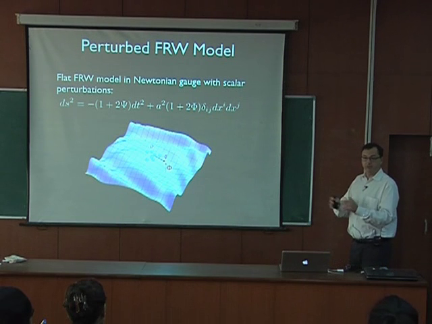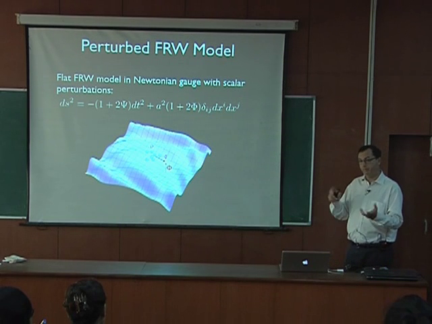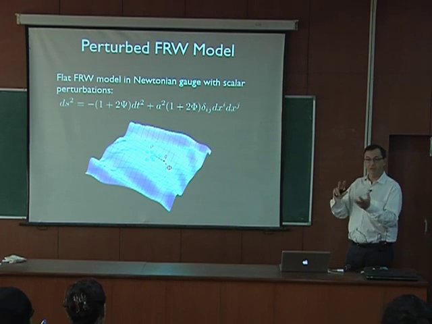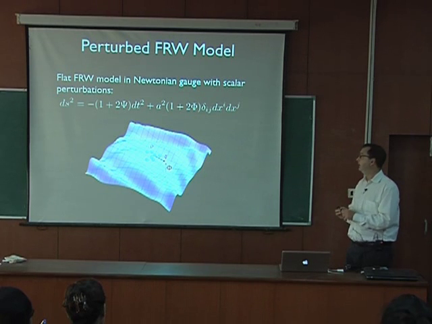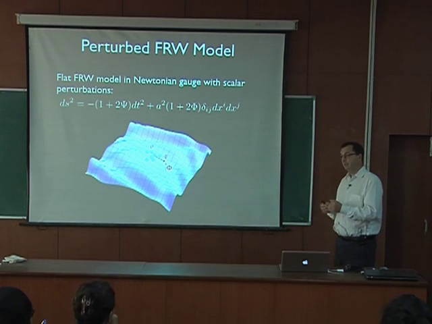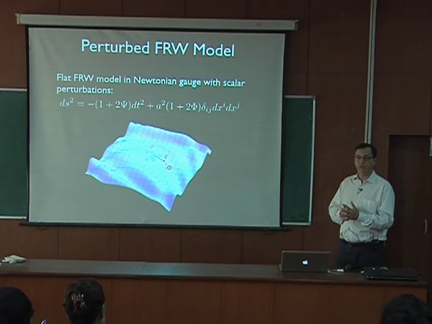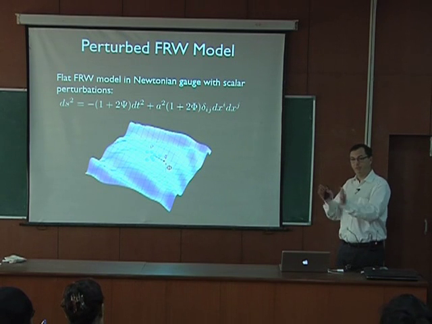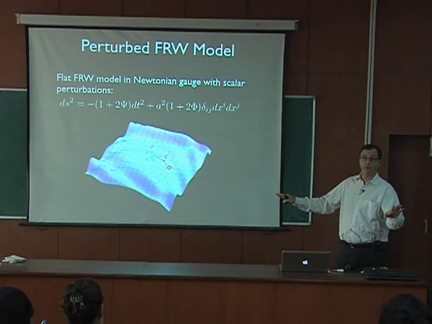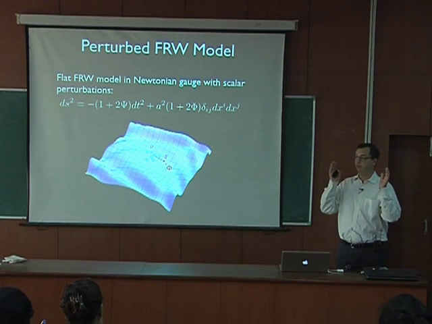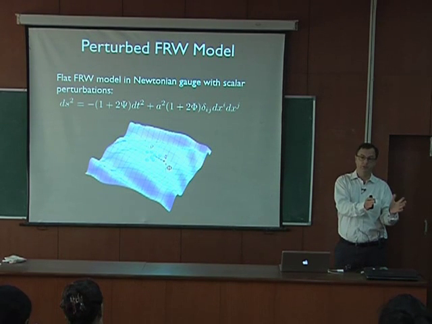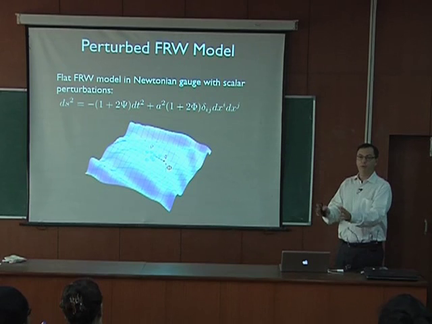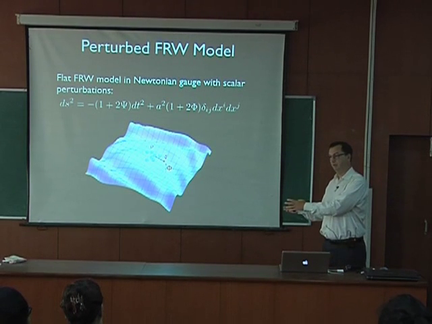And that's fully general. There's no assumption there. You can classify them through their rotational property in three-dimensional space. Then it turns out that there's something called a separation theorem, which says that these different classes of perturbations evolve independently of each other. So it's very convenient. You can study the scalar perturbations on their own, the vector perturbations on their own, and the tensor perturbations on their own.